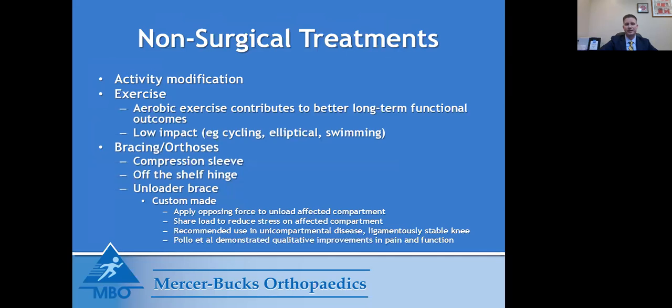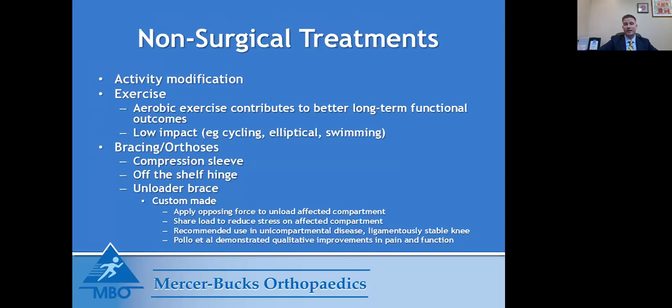We talked about activity modification. So exercise is important. We want to keep an arthritic joint moving. That helps minimize stiffness. It minimizes weakness that can occur from disuse, and can help improve overall and maintenance of range of motion. So we want aerobic type exercises, and those are things that generally get your heart rate up.